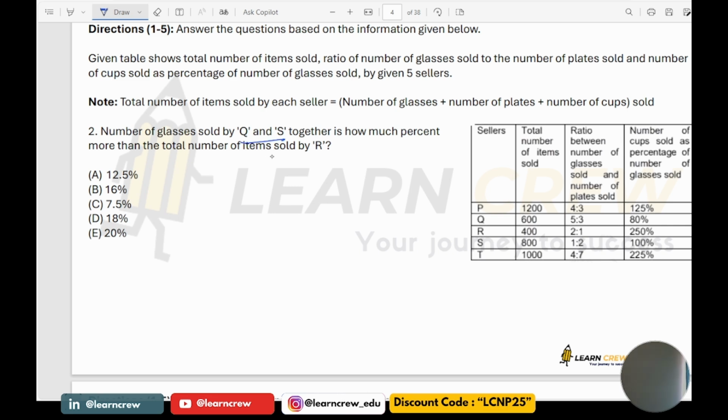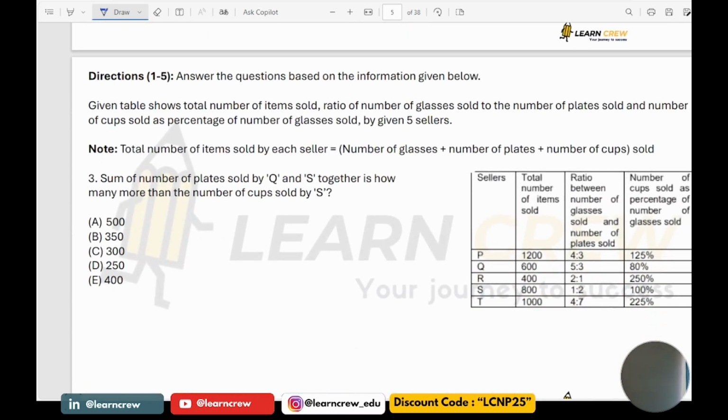Q and S together is 250 plus 200, which is 450. 450 is more than 400 by 50. 50 is what percentage of 400? 1 by 8 means 12.5 percent.